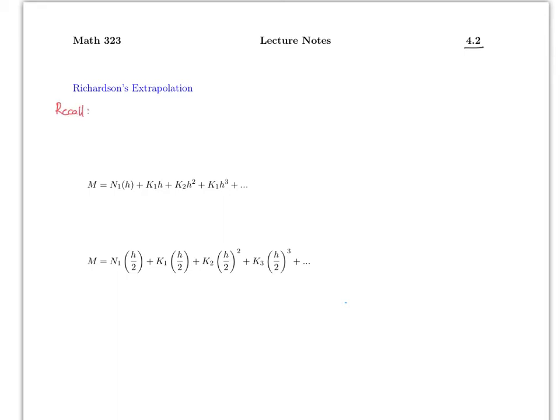Recall from section 4.1, the first method we use, the forward difference or backward difference, was equal to this.